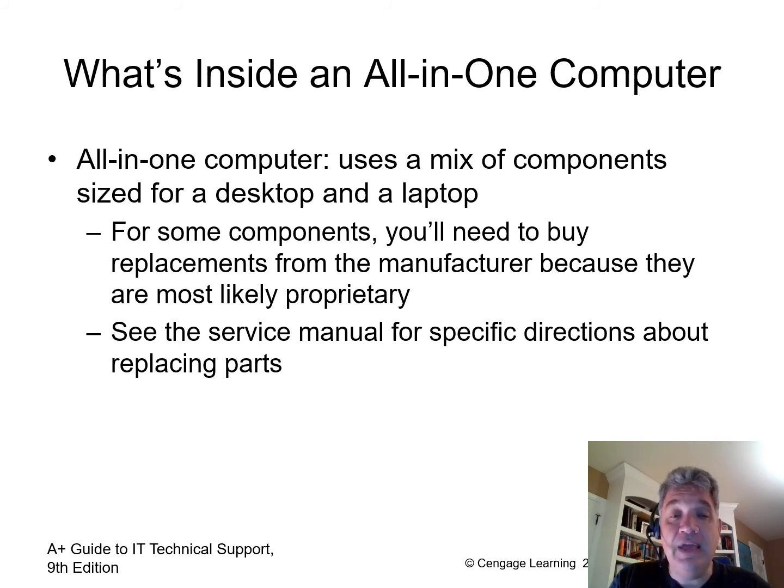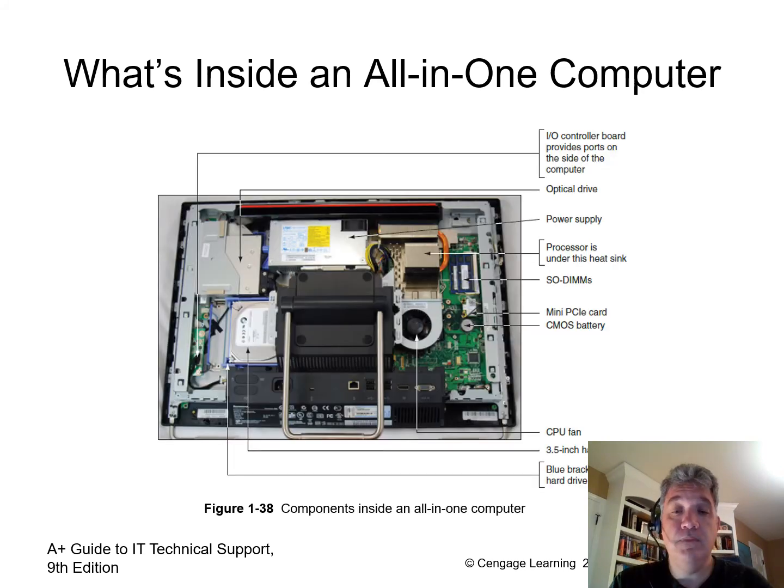But the primary advantage to having an all-in-one computer is that typically you have a very large touchscreen environment. So if you're somebody that enjoys being able to work with your hands more or less in a computing environment, then an all-in-one computer may be a good option for you.